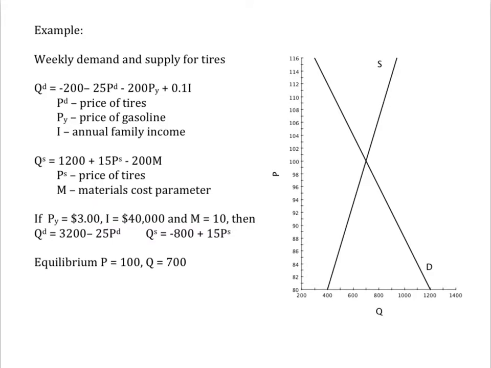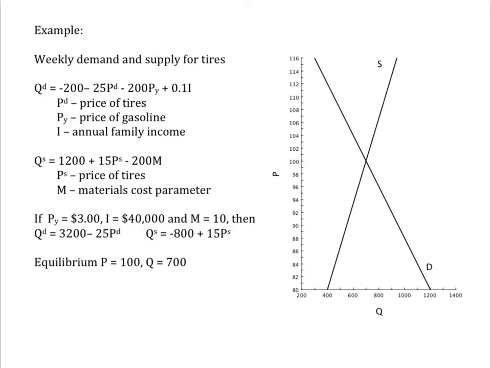If the price of gasoline is $3 and family income is $40,000 a year, and our materials parameter is set at 10, then these two curves collapse down to QD equals 3,200 minus 25 times the price of tires, and the quantity supplied is equal to negative 800 plus 15 times the price of tires.